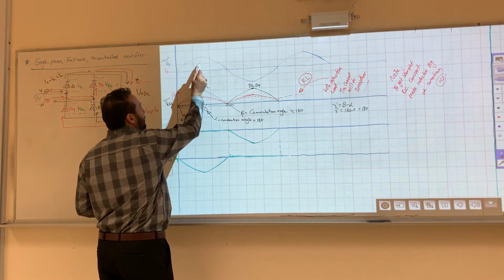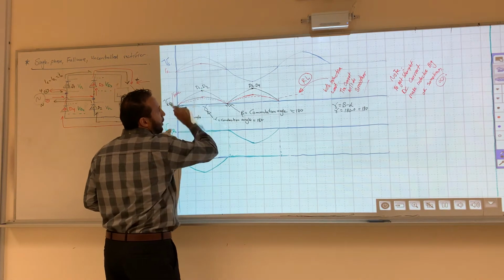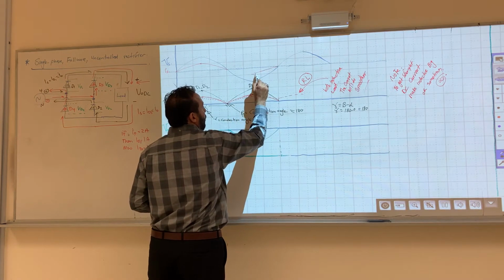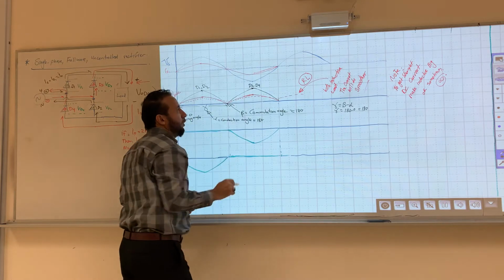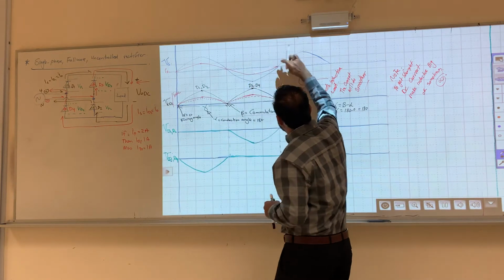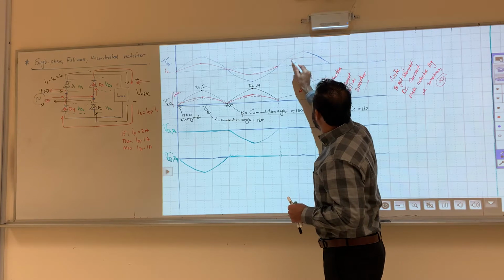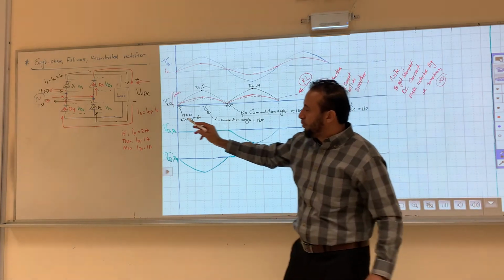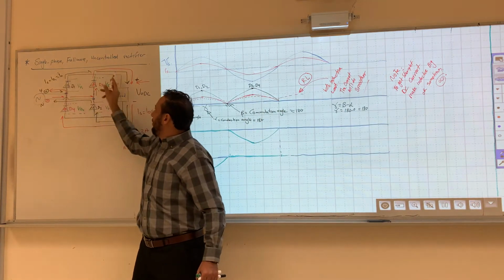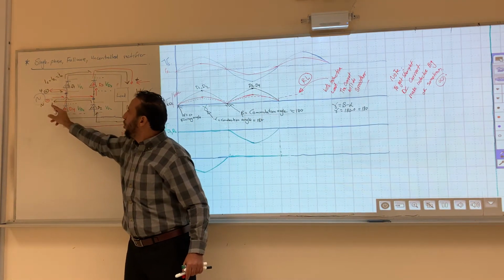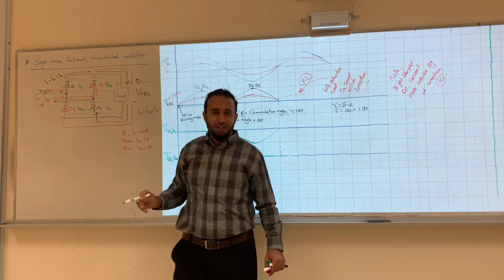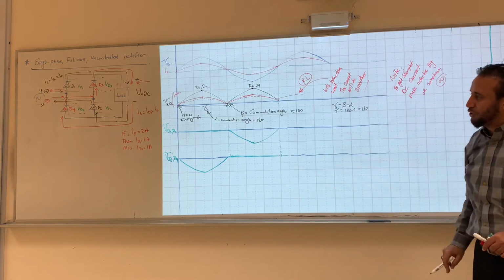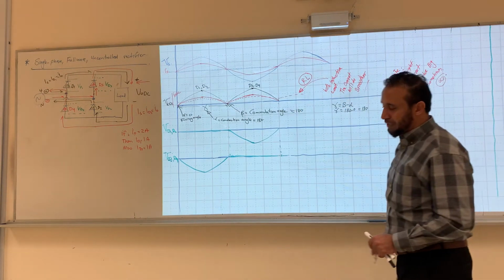It will be like this, and it will be negative also. Why will it be negative and positive? Because we open a path for the positive, which is the black, and we open a path for the negative. So we open a path for both positive and negative. That's why the sinusoidal will continue. That's I source.